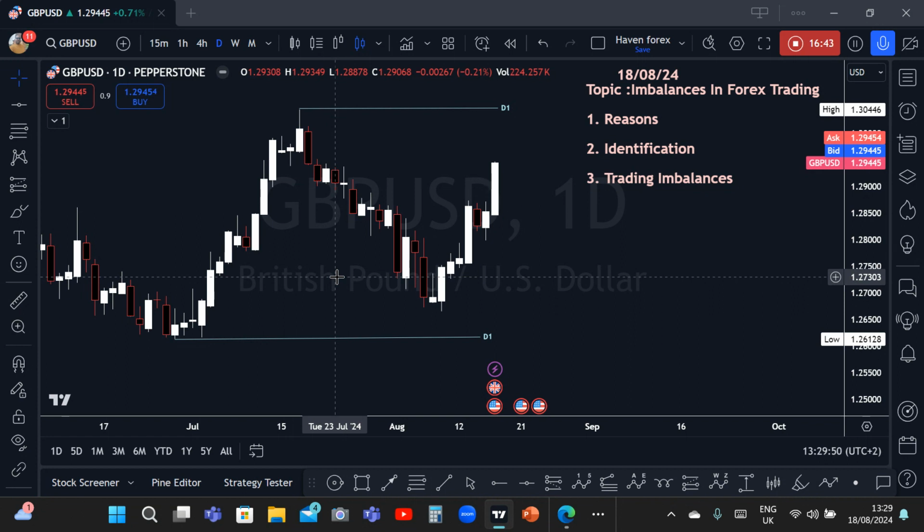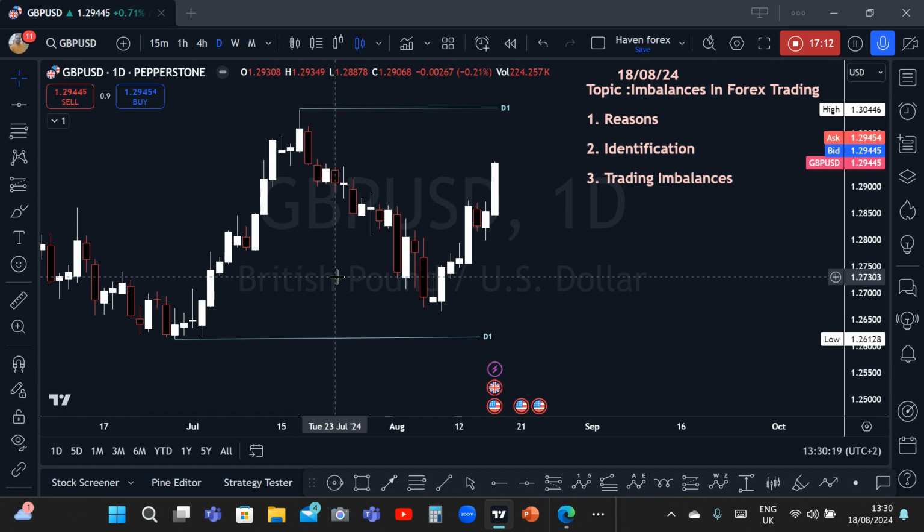It's a momentum oscillator used in forex trading to measure the speed and change of price movement. That is what RSI does. It measures the speed and change of price movement.